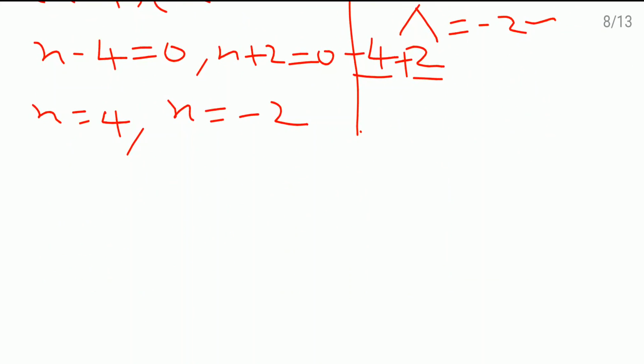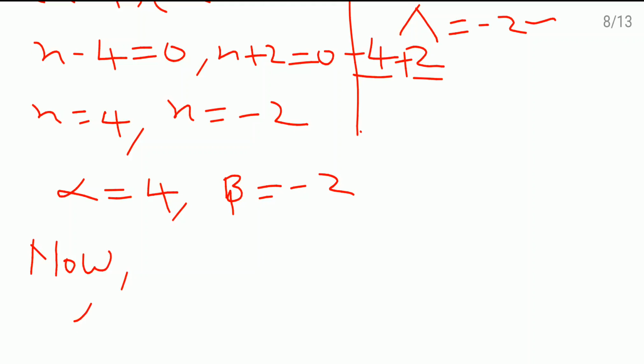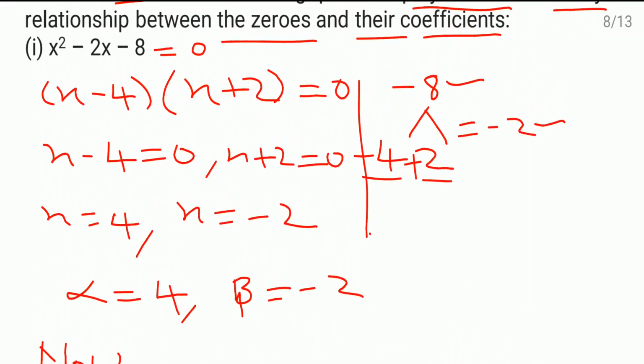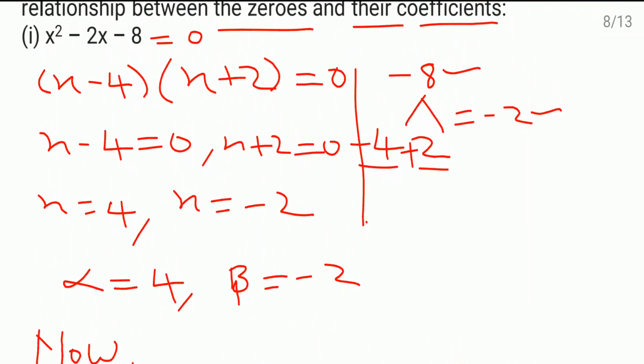Now the first 0 I will name as alpha, which is equal to 4, and the second 0 I will call beta, which is equal to minus 2. Now I will write down the sum of the zeros, alpha plus beta, which is equal to 4 minus 2, which comes as 2, and minus b by a. So minus b means what? B is the coefficient of x, which is minus 2, right?